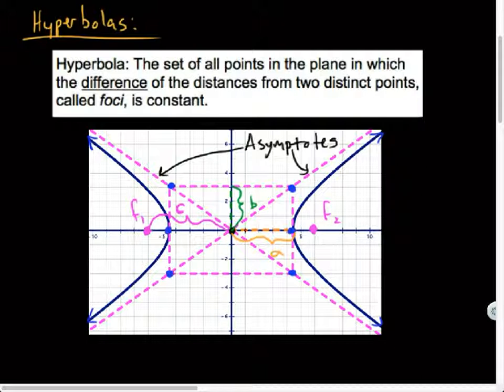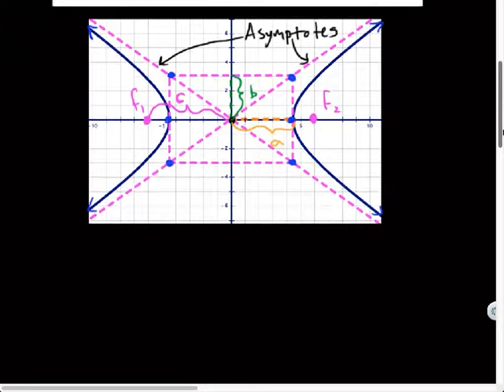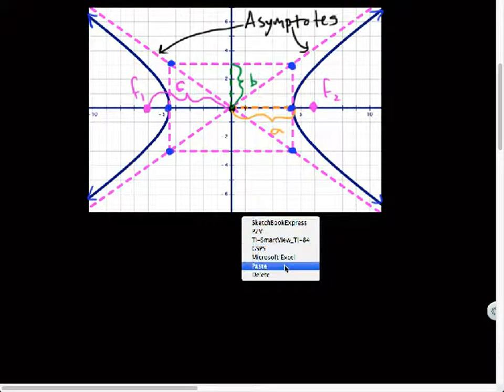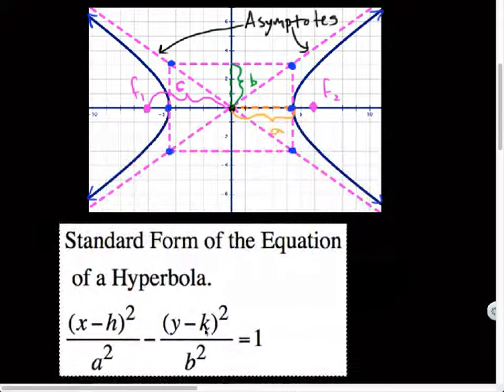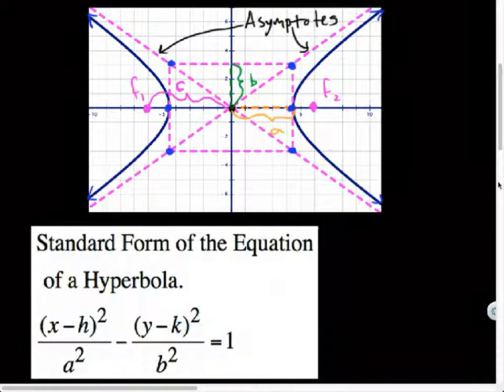Okay, so that's a bunch of what's going on there. Let's show you what the equation of a hyperbola looks like, at least for our horizontal situation that we've got here. So just like ellipses, you can have a horizontal or vertically oriented hyperbola. And you might notice that the equation is awfully similar, very familiar to our equation for an ellipse.